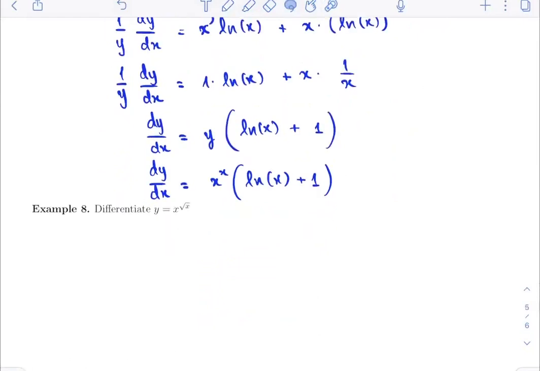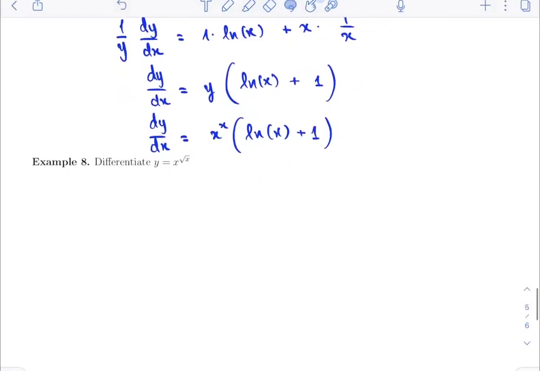Next example. In this problem, we would like to differentiate y equal to x to the power square root of x. It's neither a power function nor an exponential function. So again, we start by writing y equal to x to the square root of x. The next step is to take the natural log on both sides of the equation.